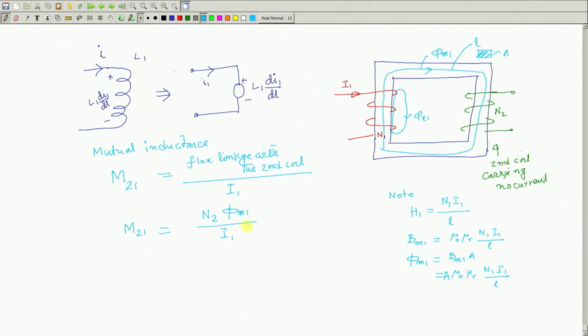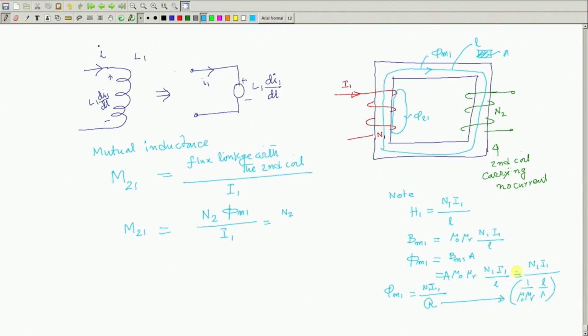Then by definition M21 will be equal to N2, and mind you this quantity N1 I1 is called the MMF, and bring everything down, it will be 1 over mu 0 mu r, L by A. This quantity is called the reluctance, phi m1 is equal to MMF divided by reluctance, a constant number.